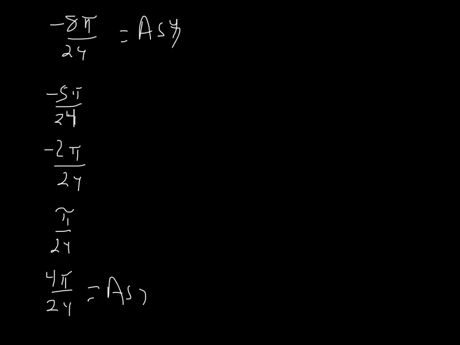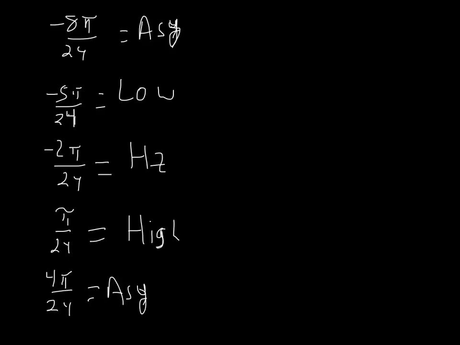Now with tangent, a positive tangent, it goes low point, then horizontal axis, then your high point. Remember, our low point was negative 5, horizontal axis was negative 2, our high point was 1. And these are our asymptotes.